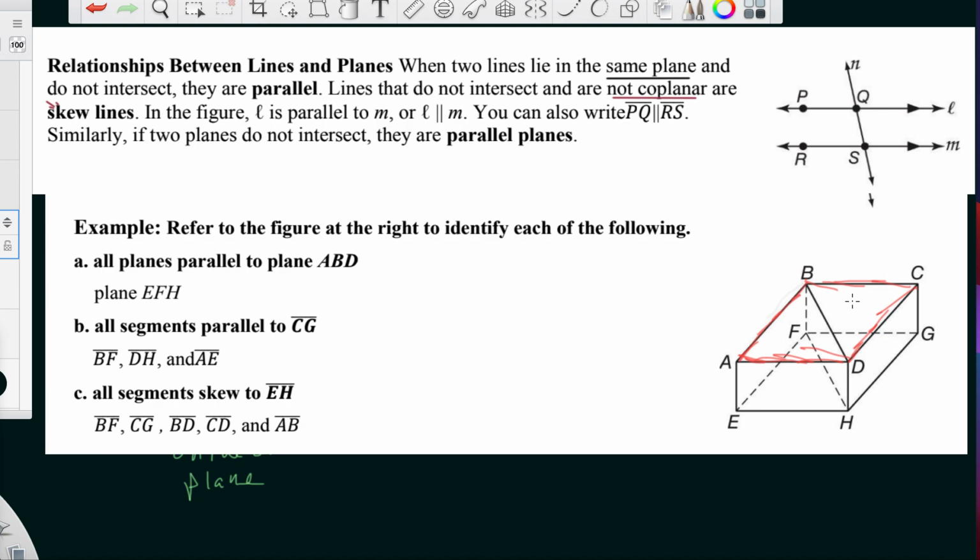All right, so this top of the box, right? Now we have to name all the planes that are parallel to ABD. Well, we have the top of the box, so the parallel plane would be the bottom of the box, right? It would be this down here, this EFH plane.